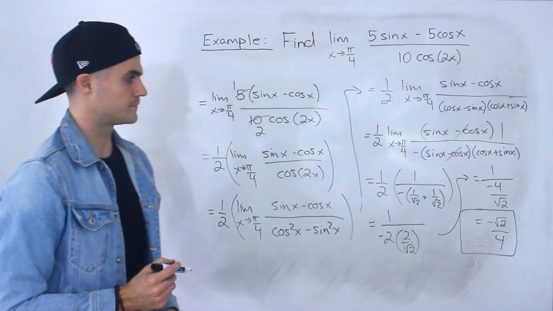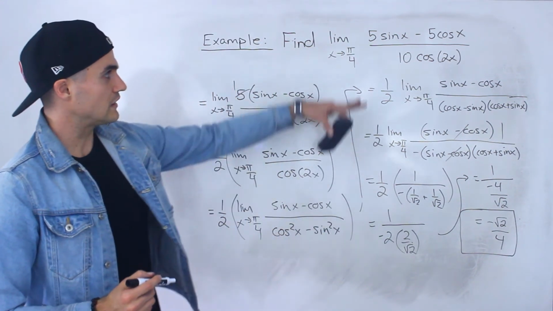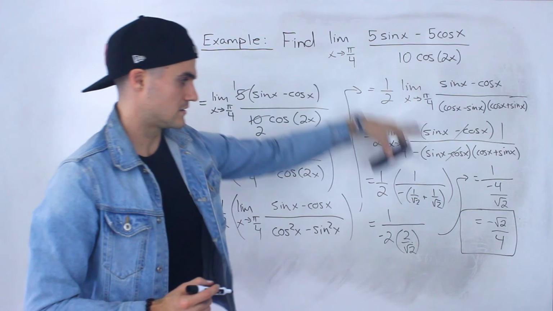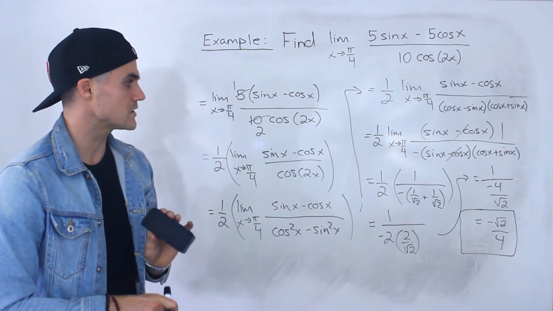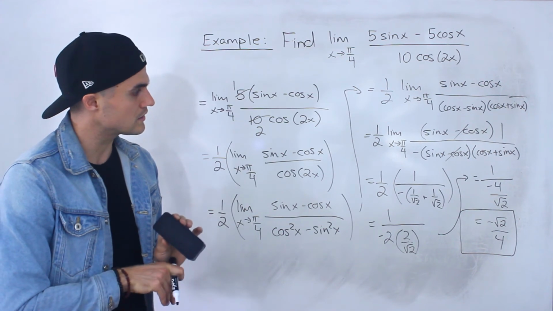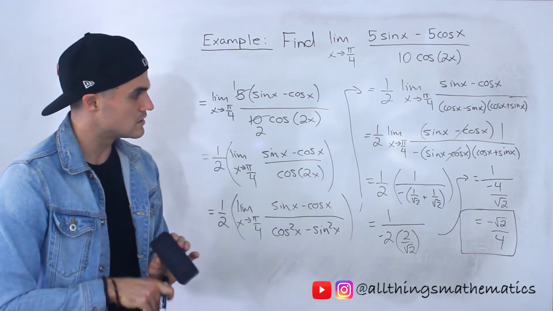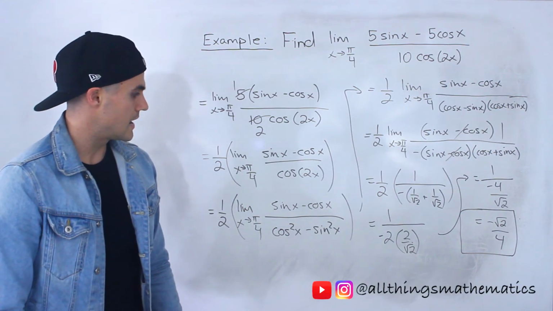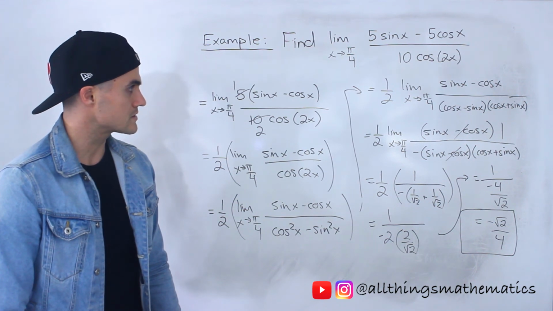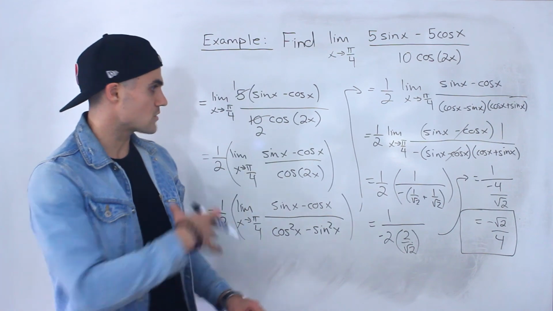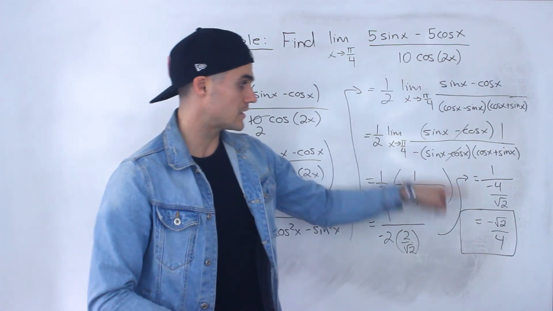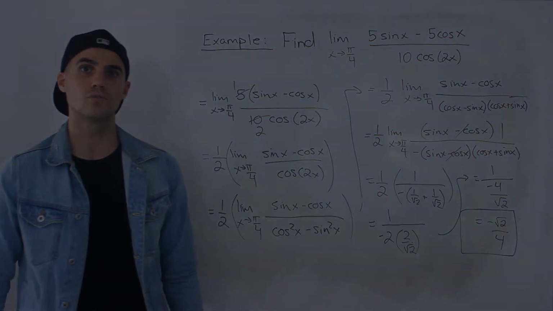So the limit to this ends up being negative root 2 over 4. And just to make sure everything was all good here, I think it was. I did a lot of algebra there, so I'm pretty sure everything is okay. So all of this limit ends up being negative root 2 over 4.